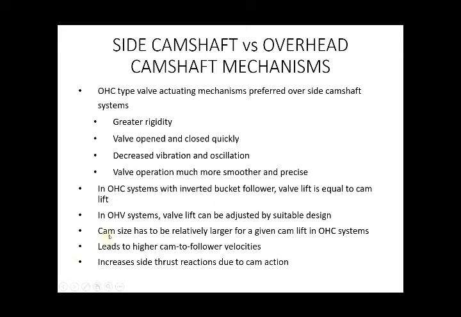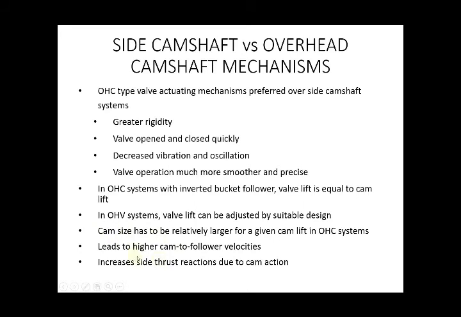Then the cam size has to be larger for a given cam lift in overhead camshaft system. That means when the valve has to be sufficiently opened, since there are no other mechanical linkages, the cam is directly contacting the follower.